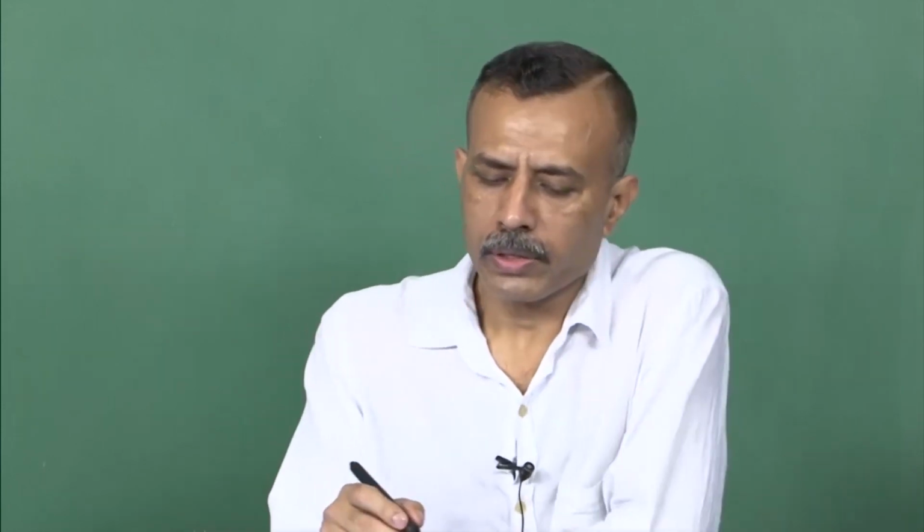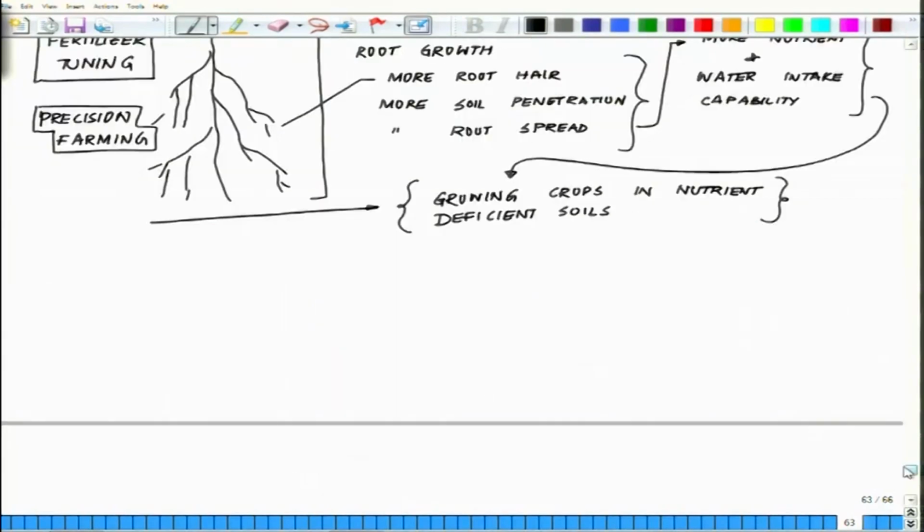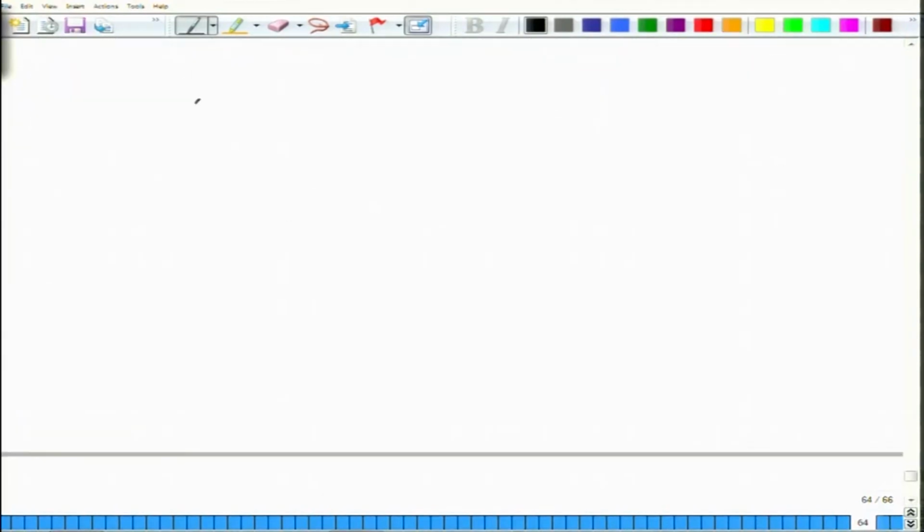Now, in the same line, we are talking about another aspect. We are observing that the leaves have a higher rate of photosynthesis. This is extremely important. Think of it rationally. When we talk about photosynthesis, we are talking about your major source of energy on this planet, which is the sun.